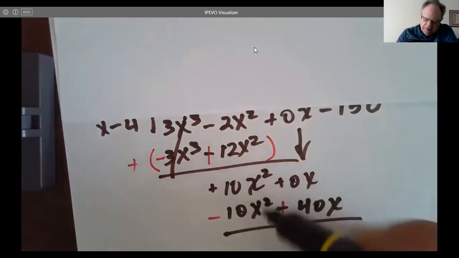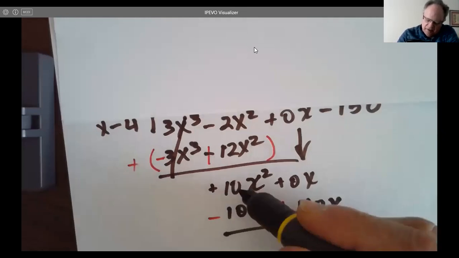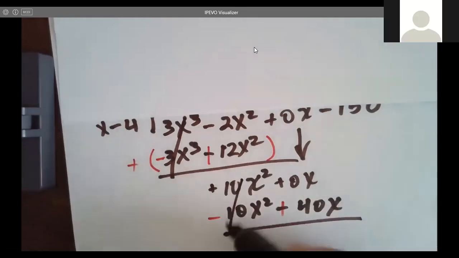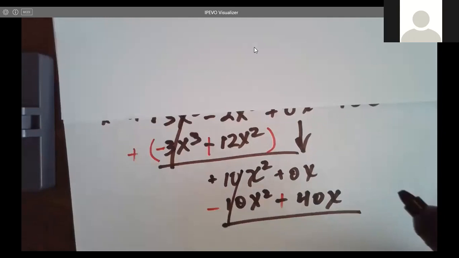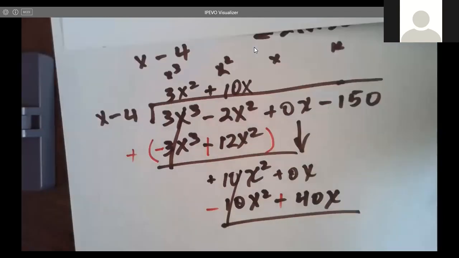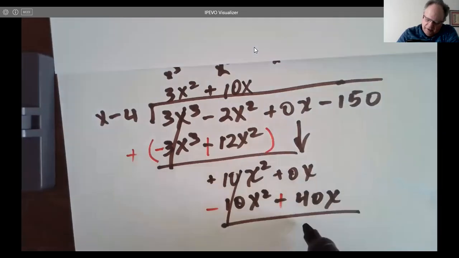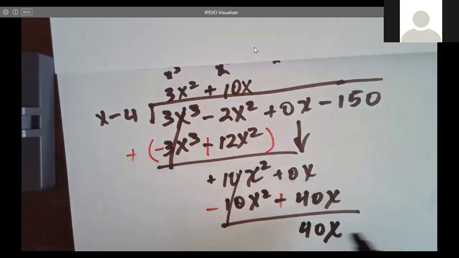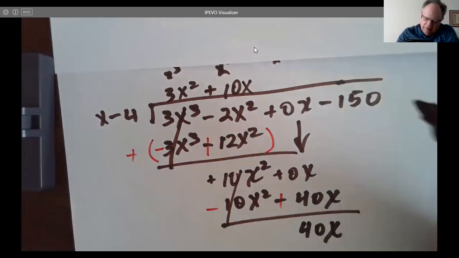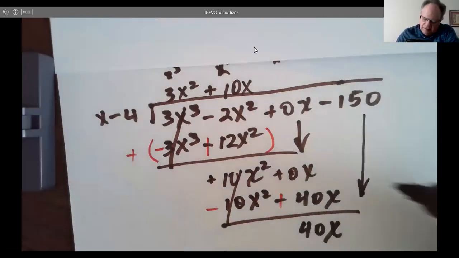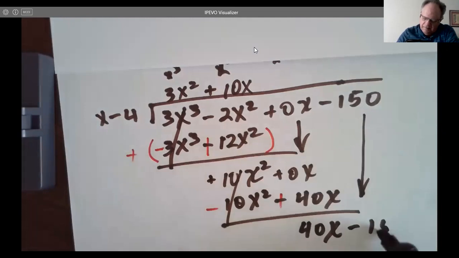So the positive 10x squared and negative 10x squared cancel out. They go to 0. That's what we want. 0 plus 40x, that'll just bring 40x. Okay, so now we bring down the minus 150.